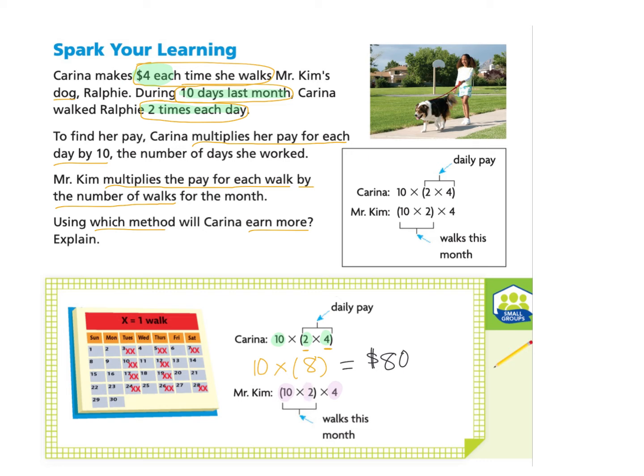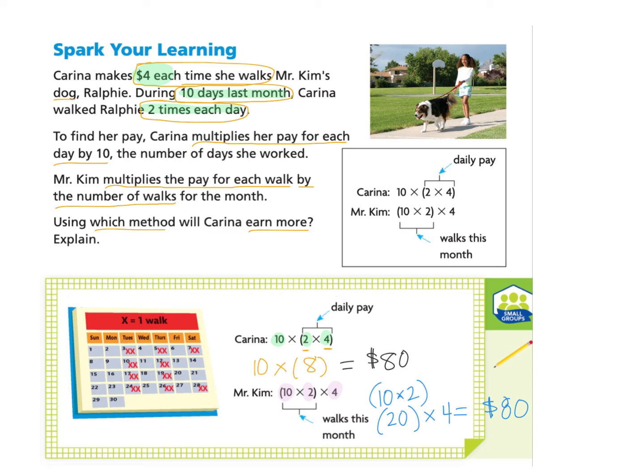So we are going to solve that by first multiplying 10 times 2, which gives us 20 in the parentheses. And then we're going to multiply that by 4, which was, again, the amount of pay for each walk. And so 20 times 4 makes $80.